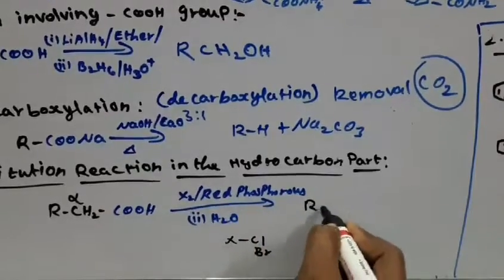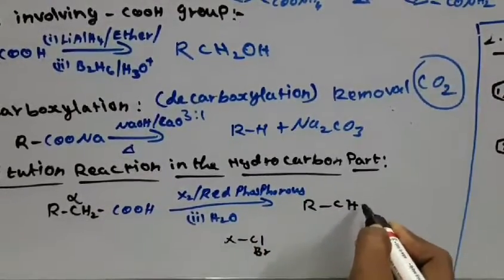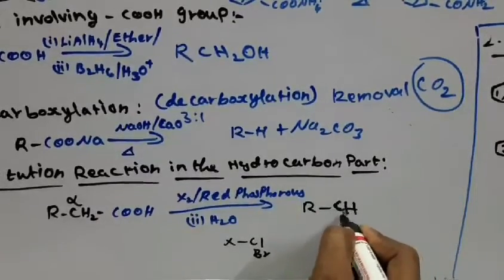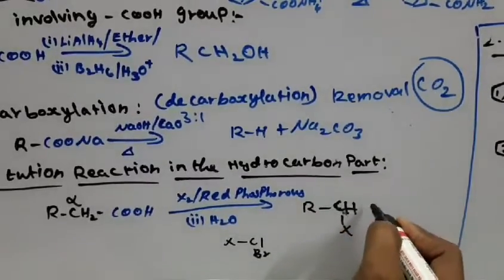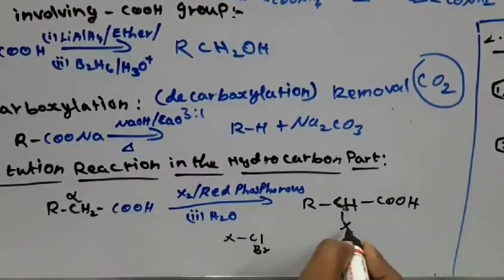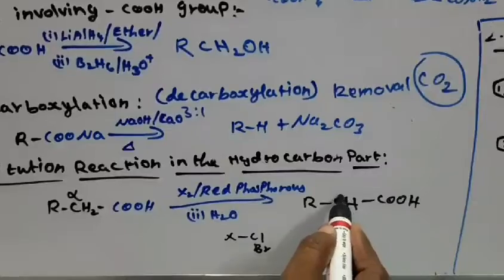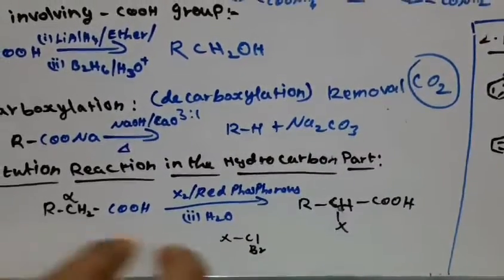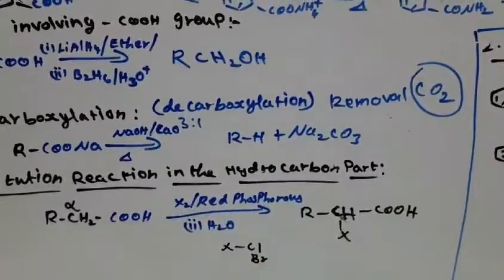So what you get is CH(X)COOH, the halogen bonded at the alpha position, an alpha-halogenated acid.